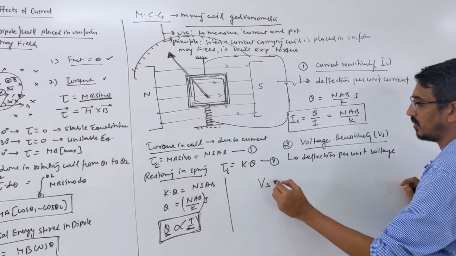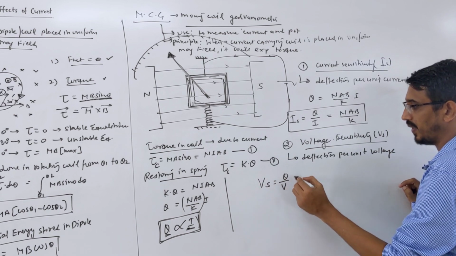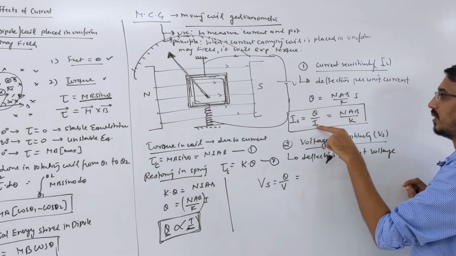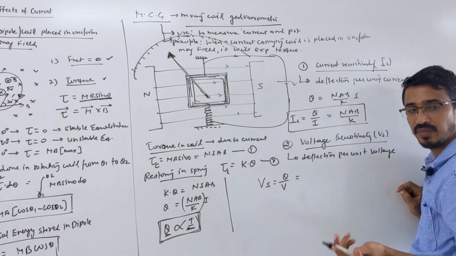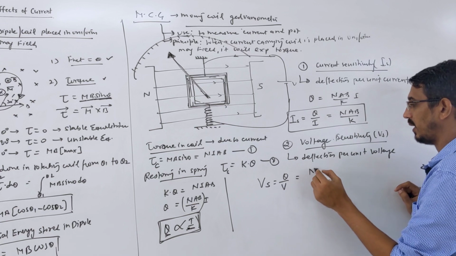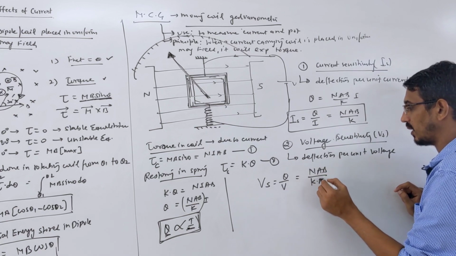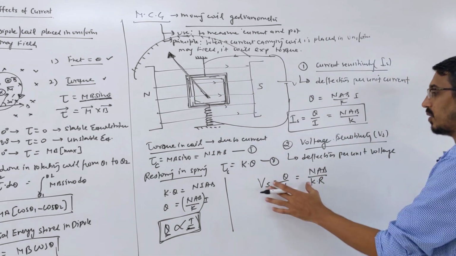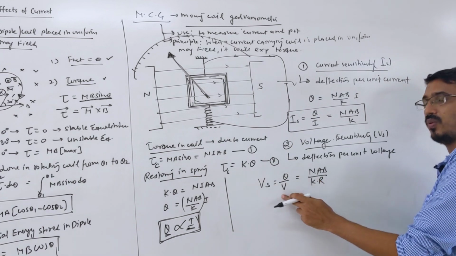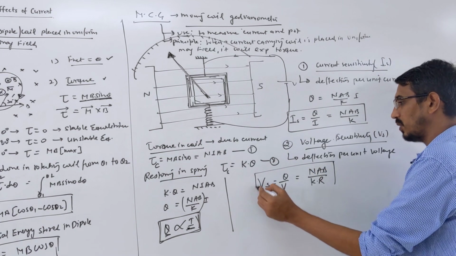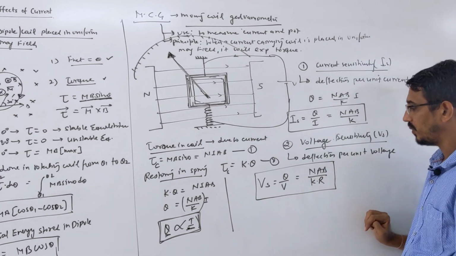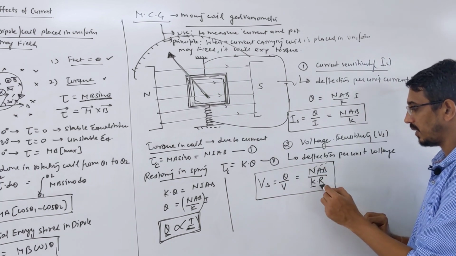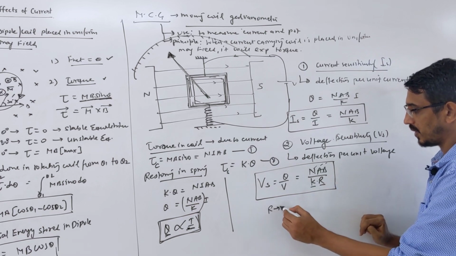So VS is simply theta by V. Look at this formula, this is current; you divide by resistance, you multiply resistance, and that becomes your voltage. So NAB by K into R becomes your voltage sensitivity, either theta by voltage or this formula. In the same way, if you want to increase your voltage sensitivity, you can increase these three things, or you can decrease two things, where R is resistance.